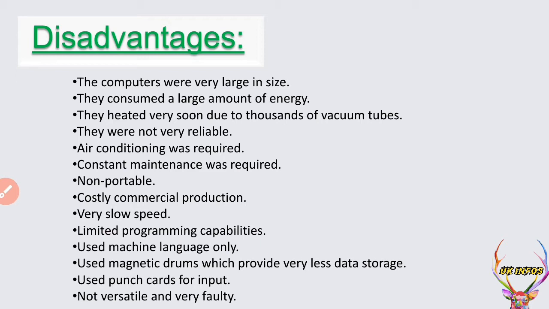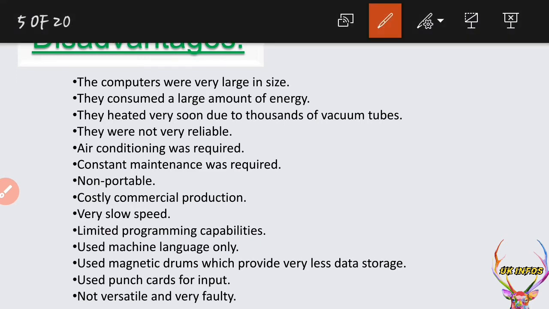Machine language means zeros and ones. Computers do not know any other language, so a computer can understand only machine language, which is binary code, zeros and ones.